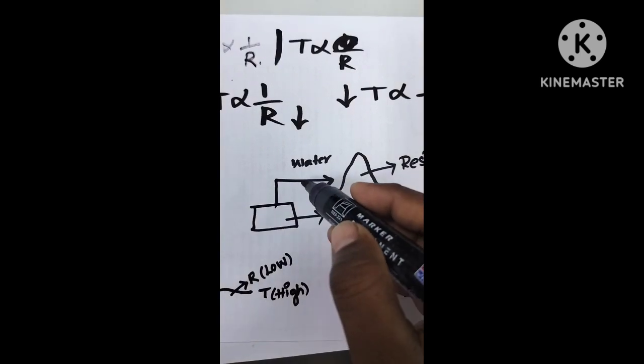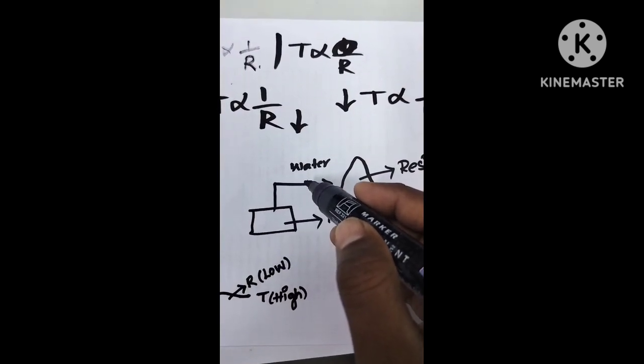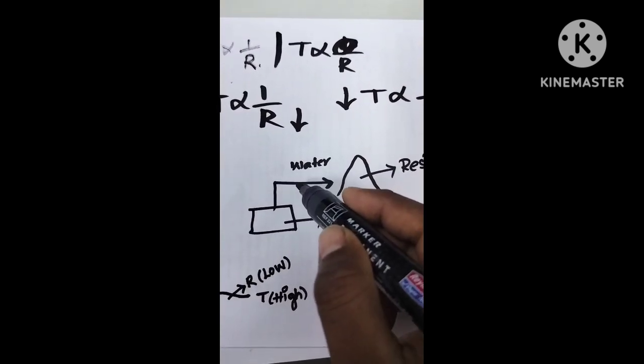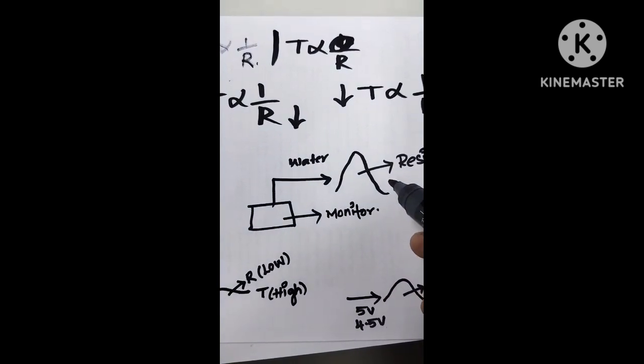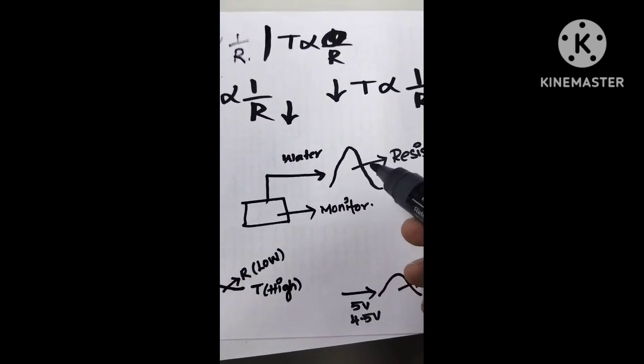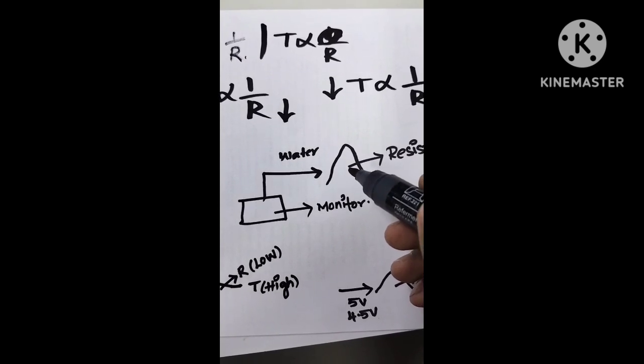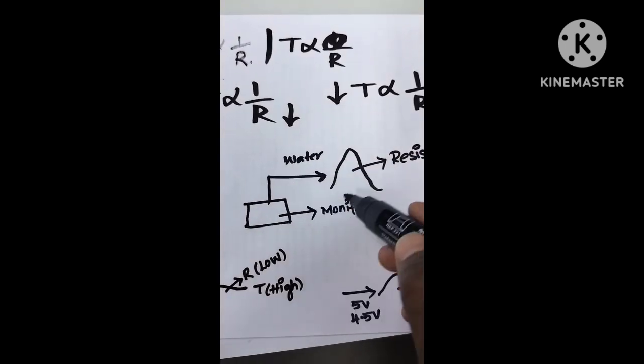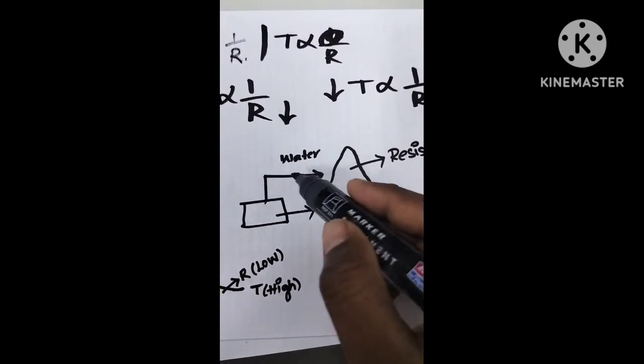So the voltage at that place remains constant. Suppose 5 volts is coming there: if the resistance is high, there will be no flow of current, and so no voltage drop.